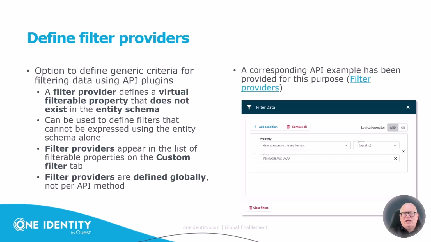And with that, you can generate such a data structure without doing schema extensions and more complicated things. Additionally, it is important to understand that these filter providers are defined in a global structure. That means it is not per API method that you define the filter. It is a global structure where you can get access to these filters for everything you need.